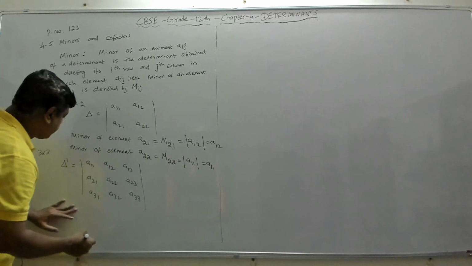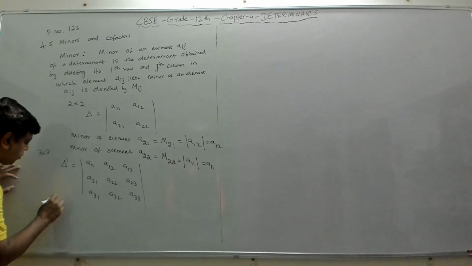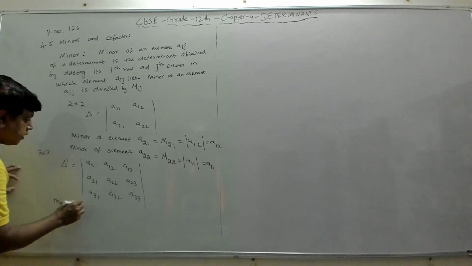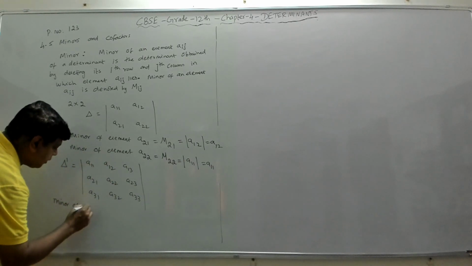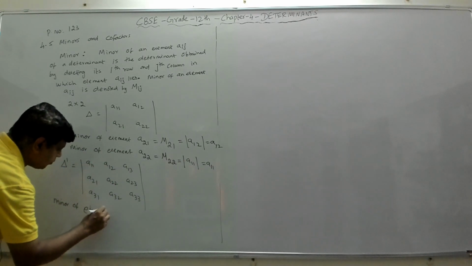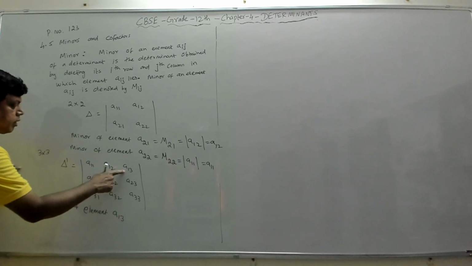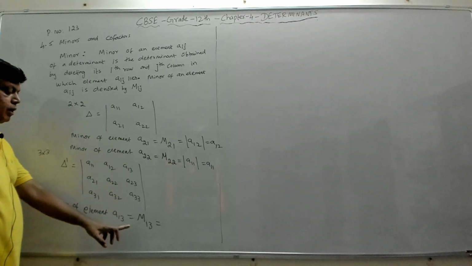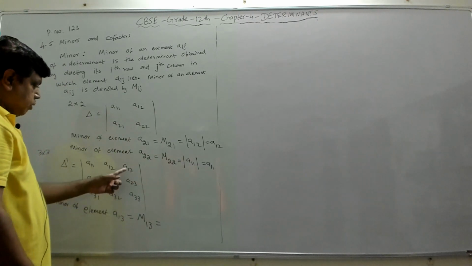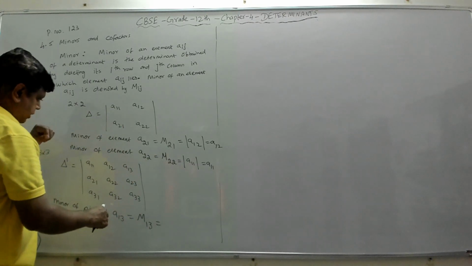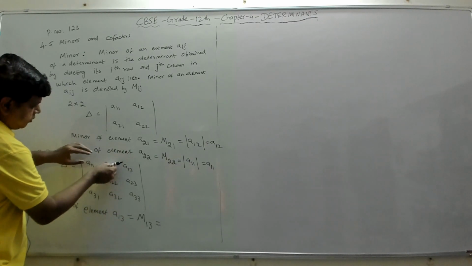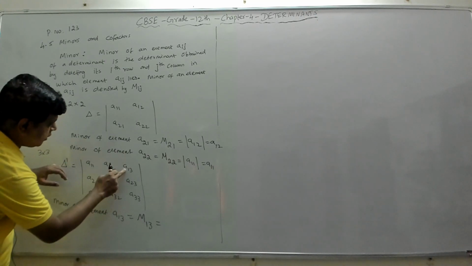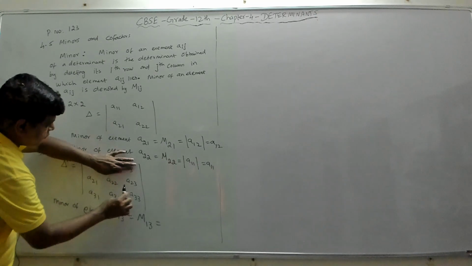Suppose you want to find the minor of the element A13, denoted by capital M13. It is defined as deleting the row and column where that element lies. A13 lies in the first row and third column, so close the first row and third column.